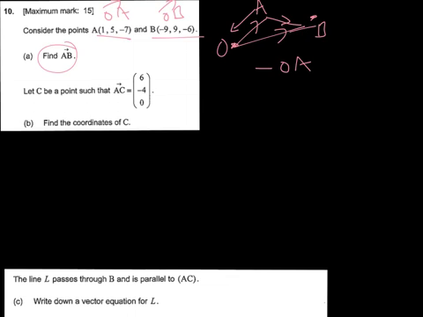And then we would have to go this way, which is just OB. So vector AB is going to be the position vector OB minus the position vector OA.